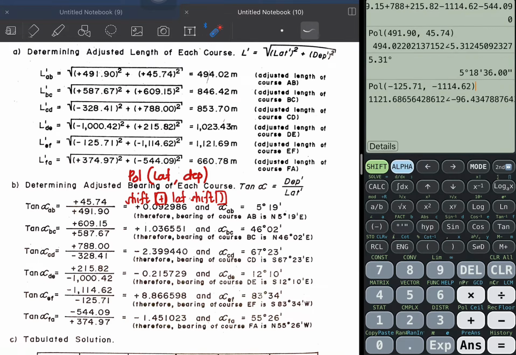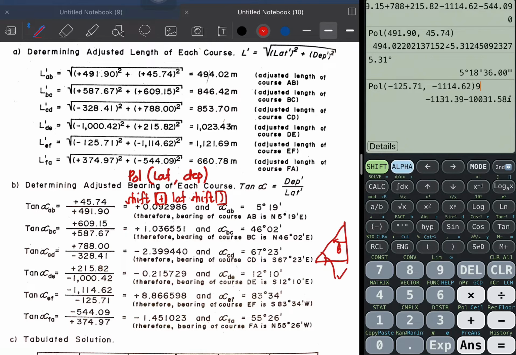So if that is negative, for example this is the triangle, instead of this being your angle beta, and that is negative, this is the given angle.